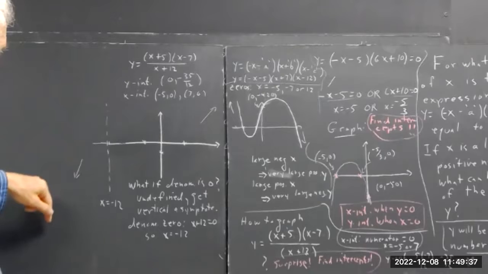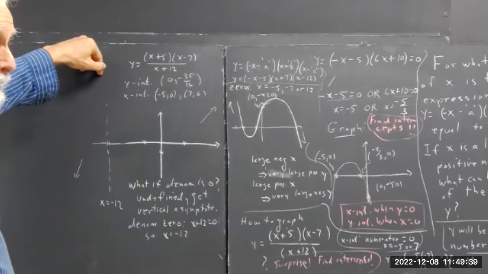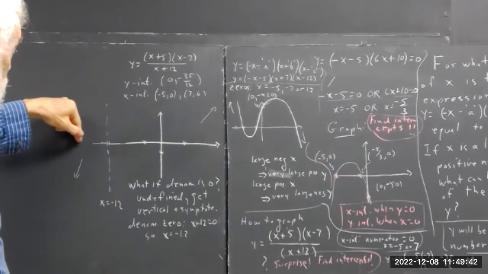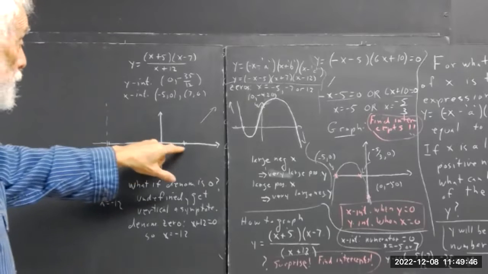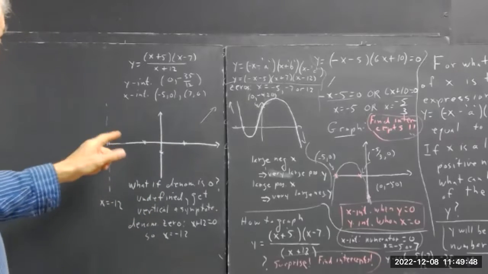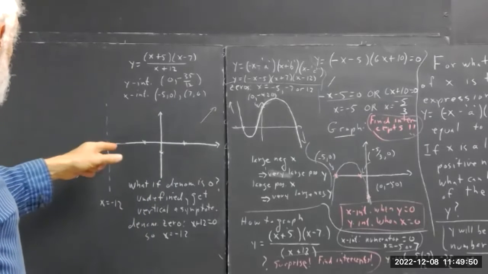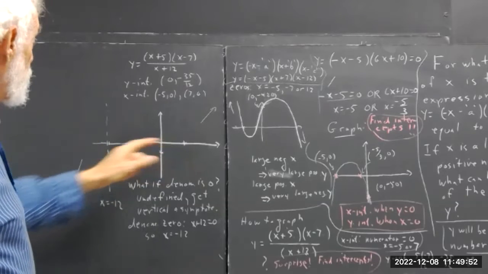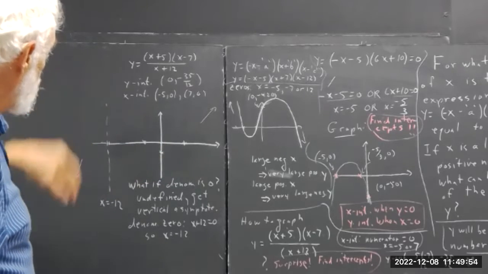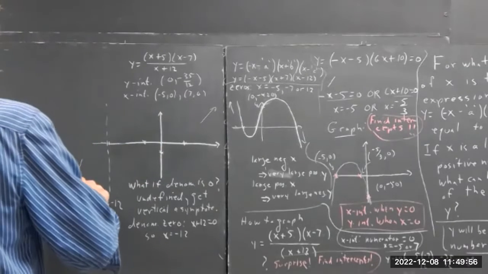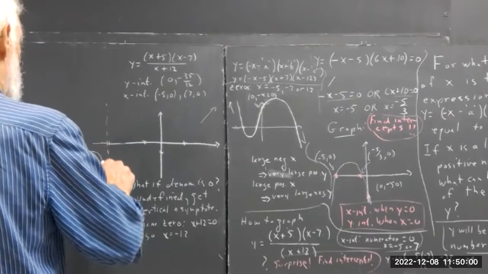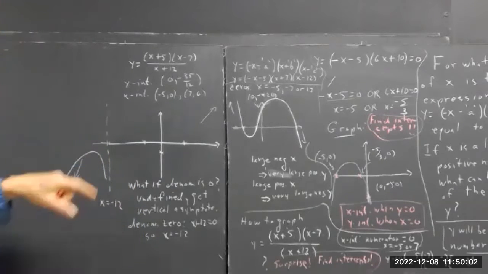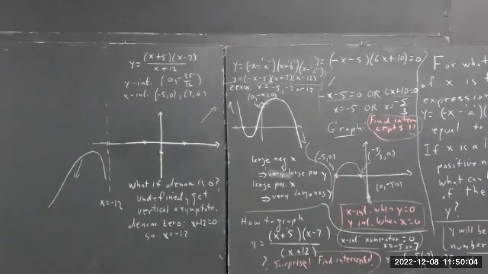Well, we could say, okay, we come up through here like this. We can't do that because we can't go through the x-axis on this side of negative 12. The only zeros are here, here, and here. Can't go through the x-axis anywhere but these 3 points. So we can't come up like this and form an asymptote. It means we've got to sort of go down like so. And there's our vertical asymptote.